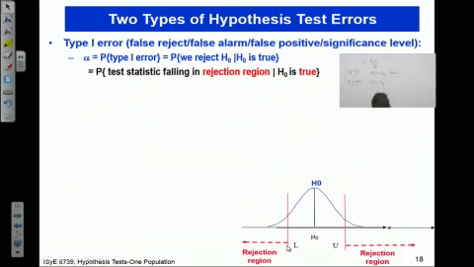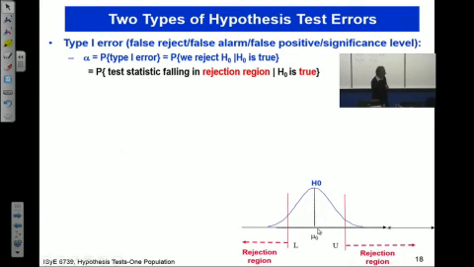In this case, the distribution mean is exactly mu 0. And if these two are the thresholds determining the rejection region, this part and this part are associated with alpha. So half of alpha is here and half of alpha is there. Okay?